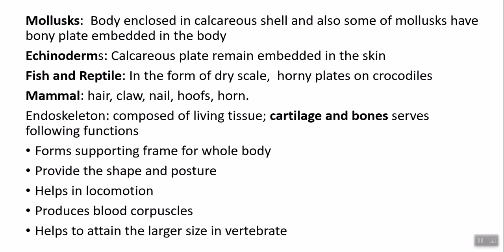Fish and reptiles show exo-endo because fish and reptiles have an endoskeletal system, as well as some scales and horny plates on some of the animals, which are an indicator of an exoskeleton. Including mammals, they have endoskeletons. Major skeletal systems are found embedded within the body.